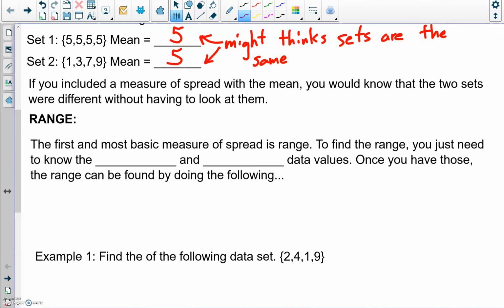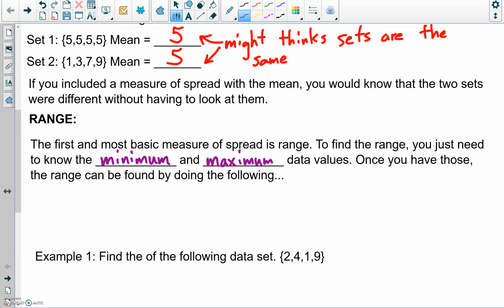So coming down here then, the range is the first and most basic measure of spread. And to find the range, you just need to know the minimum and maximum data values. So let's see if I can write better in there. There we go.